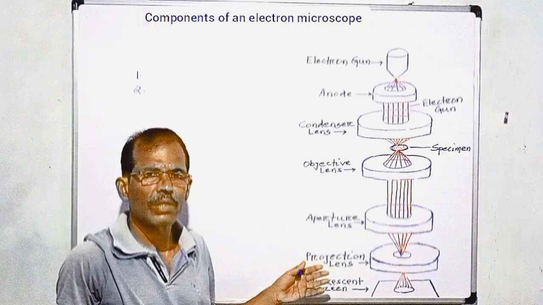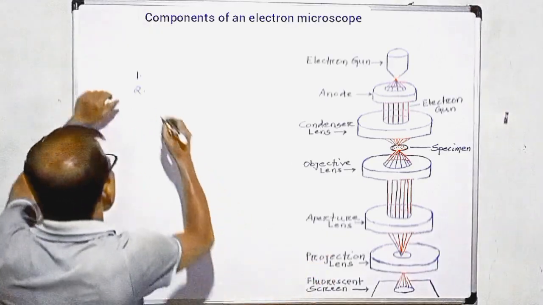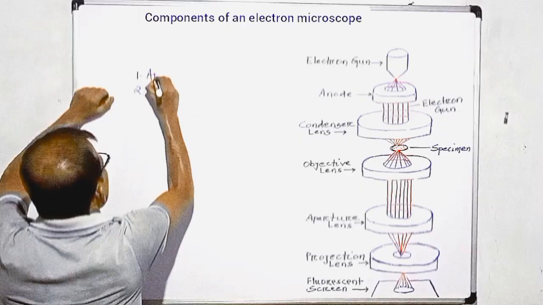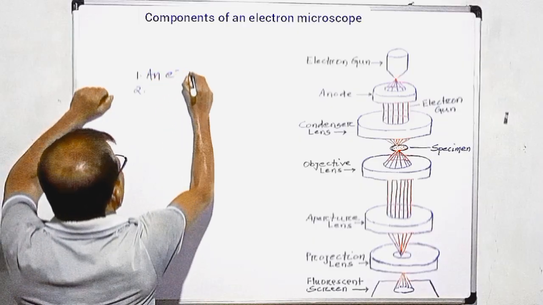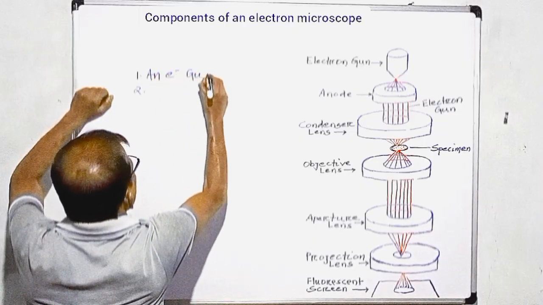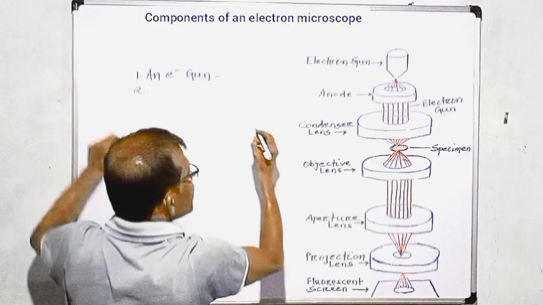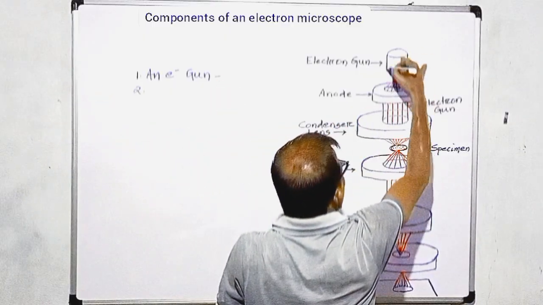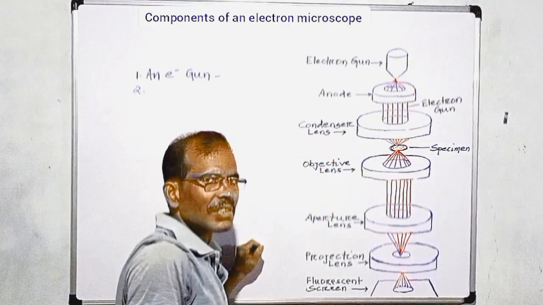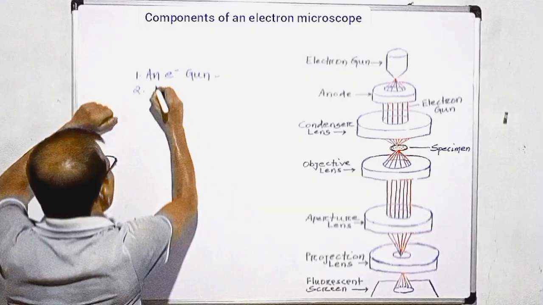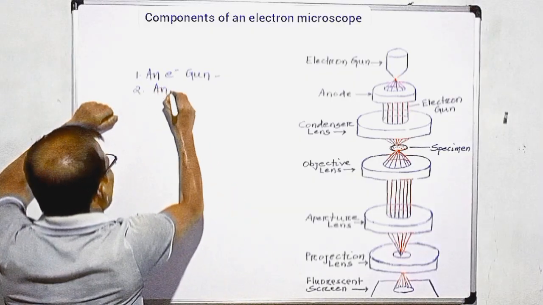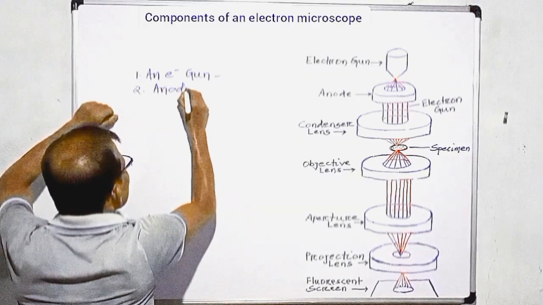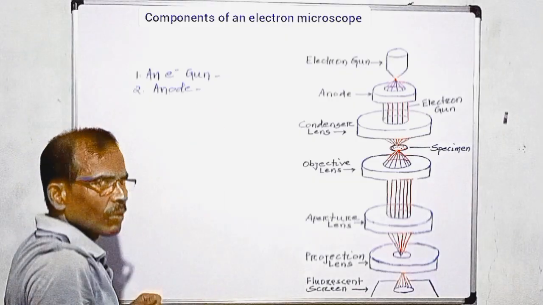Components of an electron microscope. Number one, an electron gun. It is a heated tungsten filament that generates electrons. Number two, an anode. What is an anode?